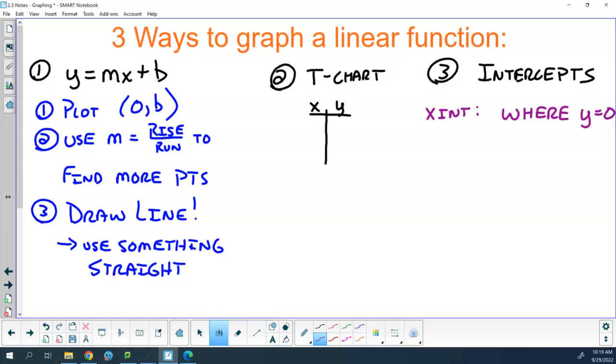So you would substitute 0 in for y, and then solve for x. And that would give you the x-intercept, which is going to be of the form some number, comma, 0.